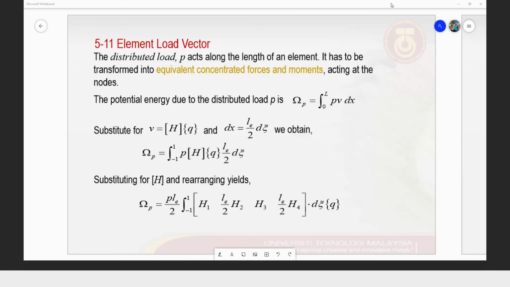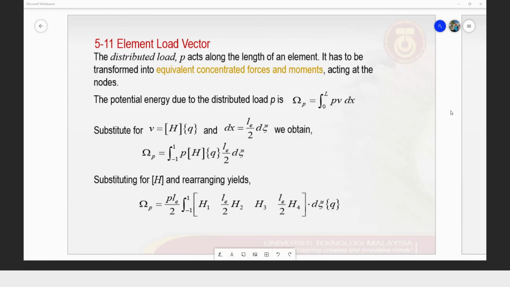All right, now we look at how we can treat the loading, the three loads that we discussed just now. The first one is the distributed loads. When distributed loads apply to our structures, then for finite element analysis, we have to treat this distributed load accordingly.